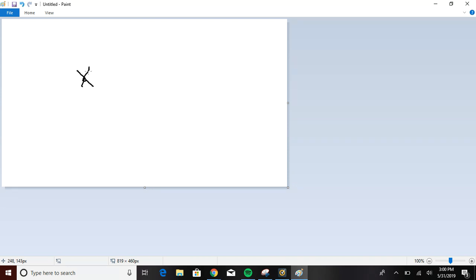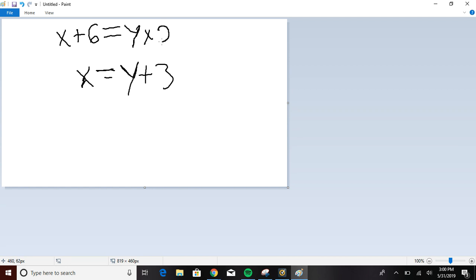So we're going to do x equals y plus 3, and then x plus 6 up here equals y times 2. Now this problem will be pretty easy to do, I feel.